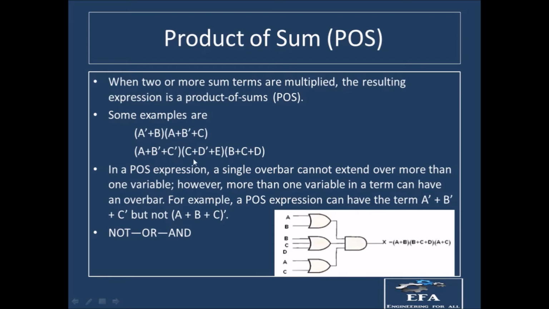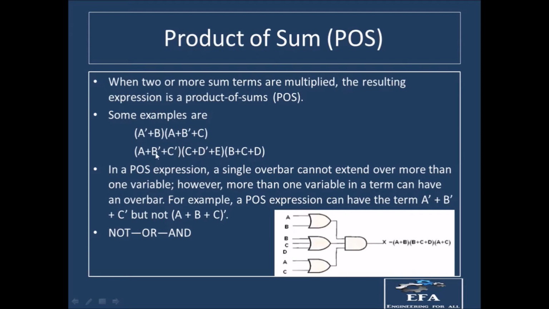Similarly, this is another example of the product of sum type of expression. Now, the thing which we have discussed in the SOP type of expression, again you can see that we are having the NOT gates only on the individual variables.